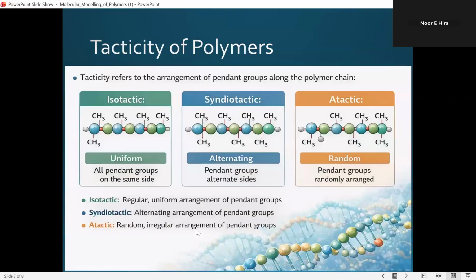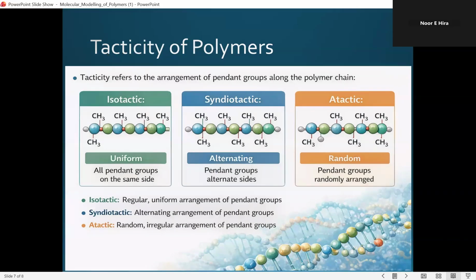Now comes tacticity. If you have watched my building polymer tutorial, you have seen that I selected the tacticity there, which was isotactic. Now you will understand why I selected that. Tacticity describes the spatial arrangement of pendant or side groups along the polymer backbone.